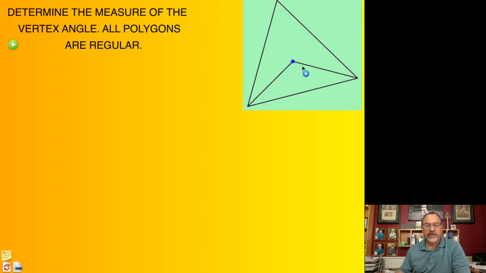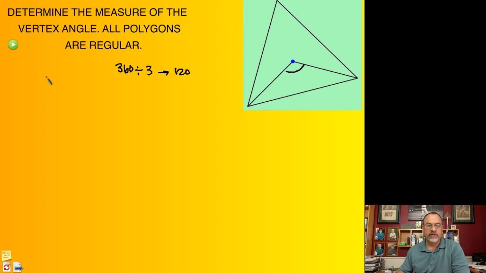What would be the measure of this angle right here? I draw two consecutive radii. It forms this triangle. The question is, what's the measure of this angle right here? Well, I know it's going to create 3 triangles, and so I take 360, I divide it by how many sides there are, 3, and so the measure of that angle is 120 degrees.